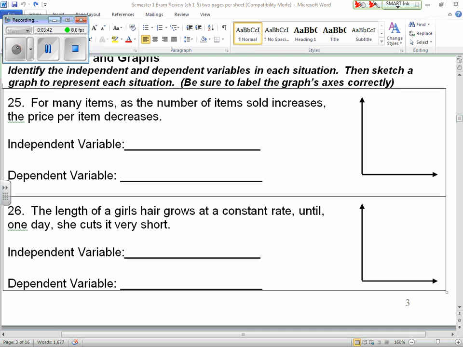Okay, 25, for many items, as the number of items sold increases, the price per item decreases. Okay, so the independent variable is the number of items sold, because it determines the price per item.